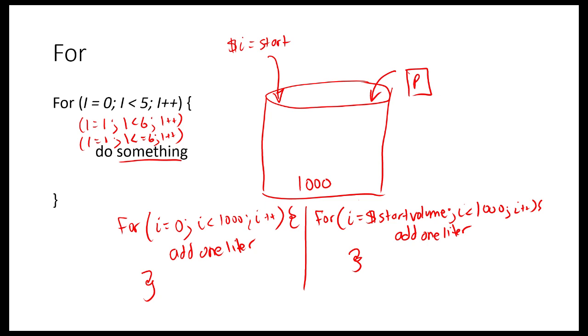Or we might say, hey, if it's winter time, then we want to add less water. We might want to add 800 liters. Or if there's a leak in the tank, we can put an if statement here.